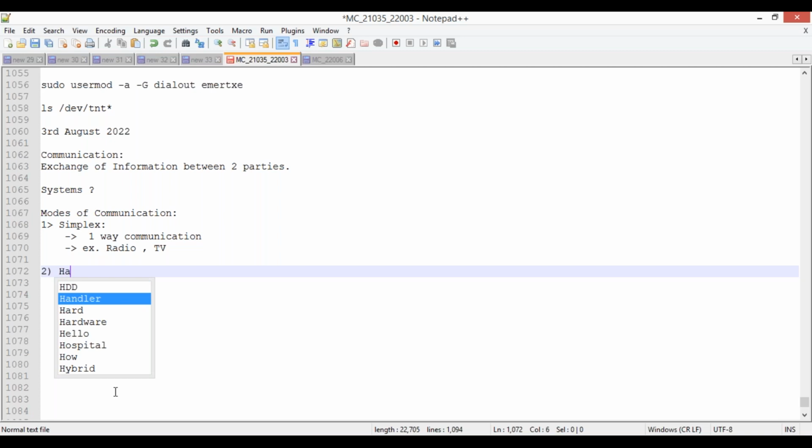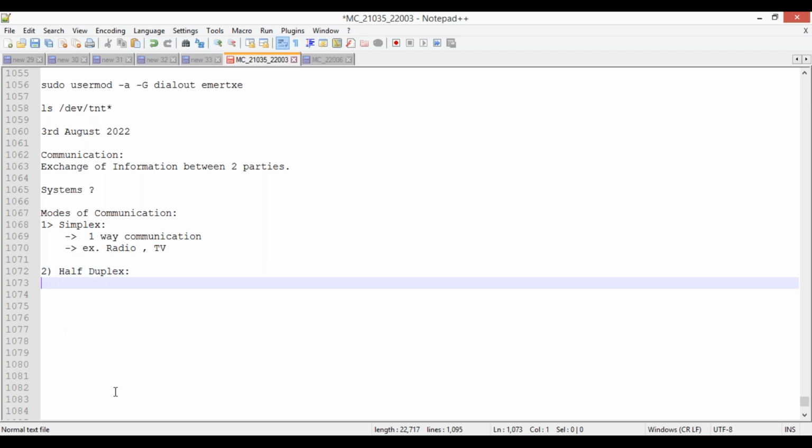Then next is half duplex communication. Okay. So what do you mean by half duplex communication, people? How many ways of communication is it? It is two-way communication, right? But what is the restriction?